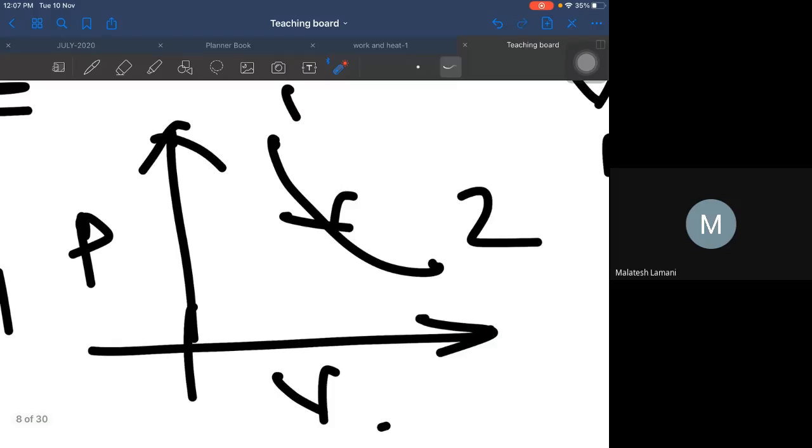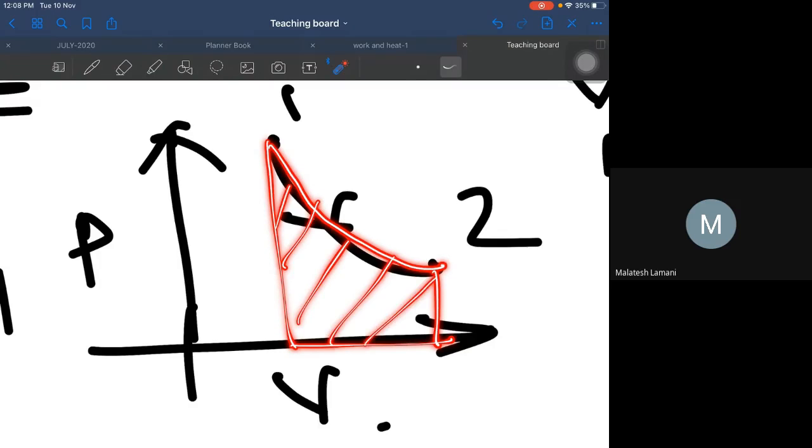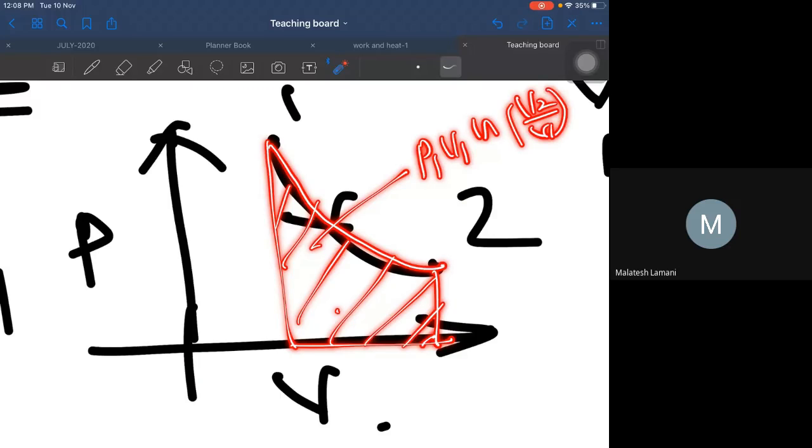Similarly, this is an isothermal process from state 1 to state 2. How do you calculate the work done for this? You need to calculate the area below it, which is this. So this particular area accounts for P1 V1 into ln of V2 by V1. Got the meaning?